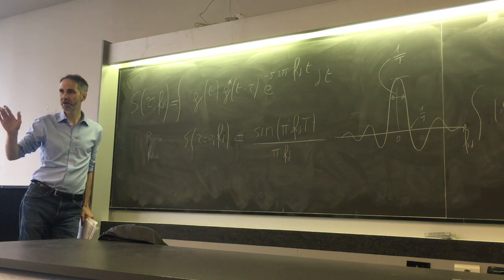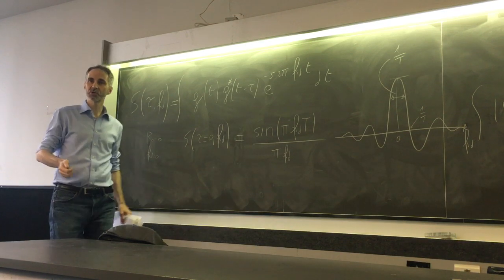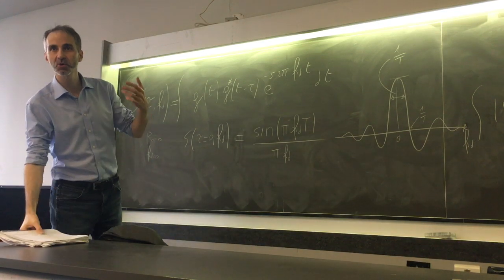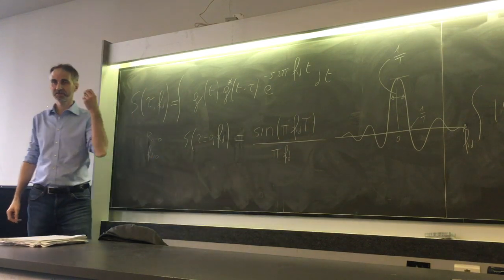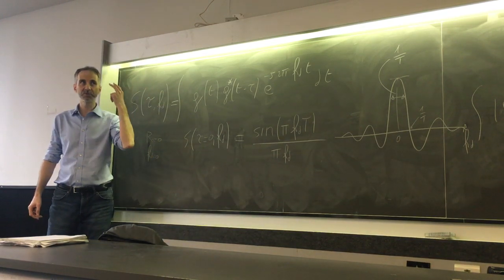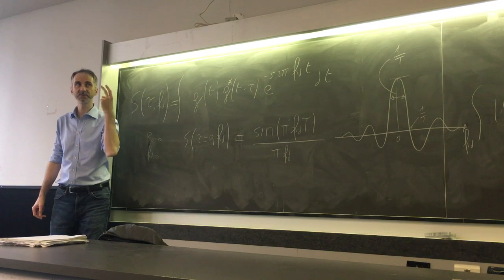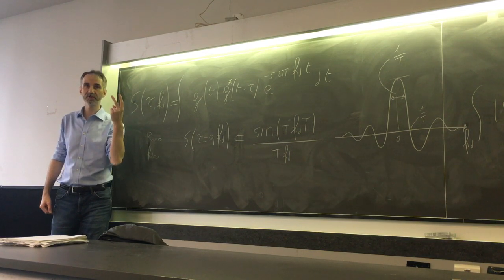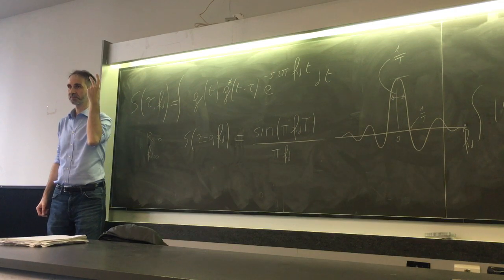I guess you all remember what we said about range resolution, so the capability to resolve two targets, meaning that if there are two targets, I say that two targets are resolved if they appear as two peaks.